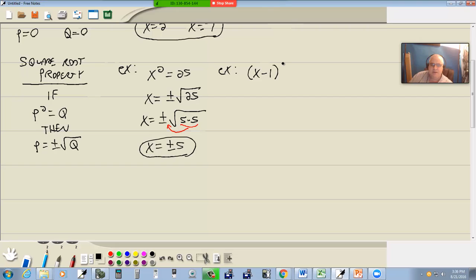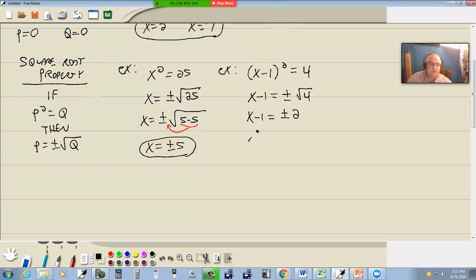Now if I have x minus 1 squared is equal to 4. Well, the form still applies. We got something squared equal to something else. We'll drop our squared, and we'll put a plus or minus square root around the other side. And 4 is 2 times 2, so the square root of 4 gives me 2. Now we're solving for x.